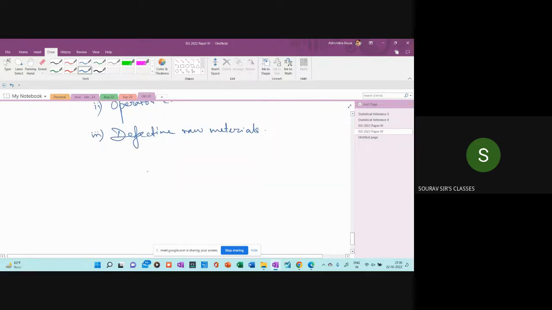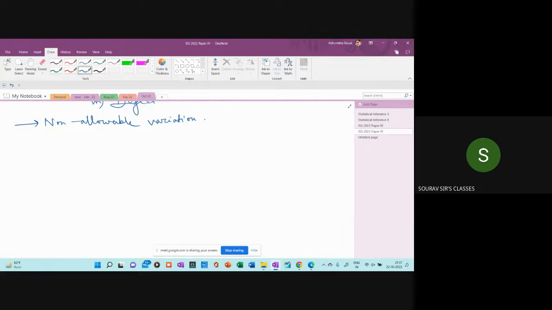So these are not allowable variation. These are known as non-allowable variation.